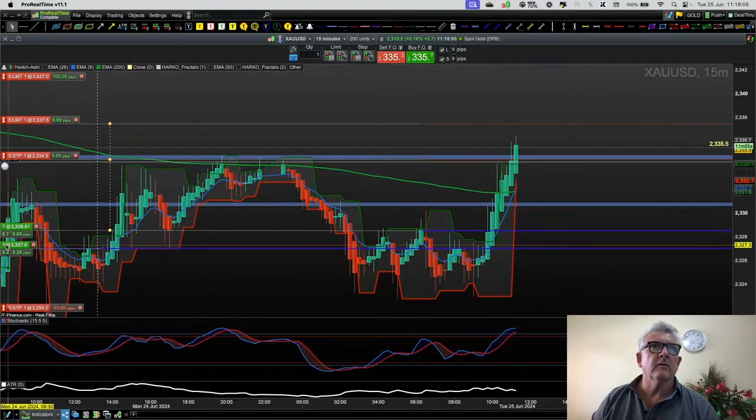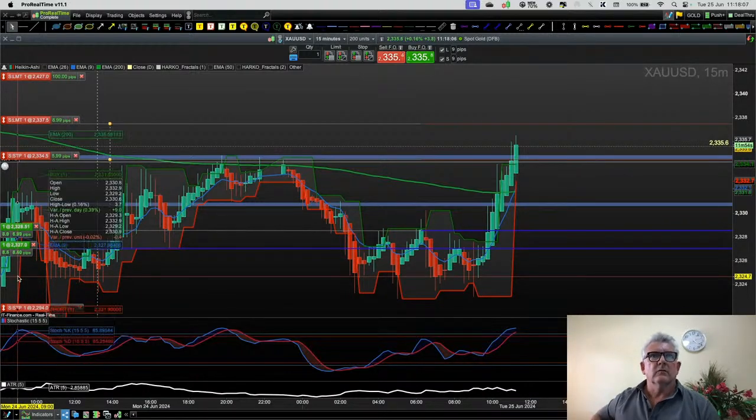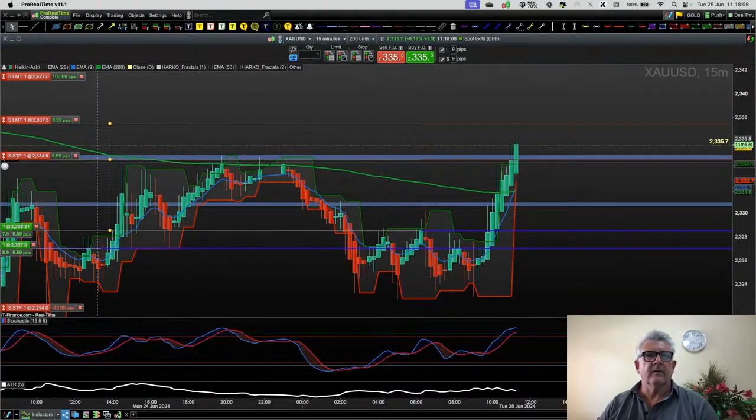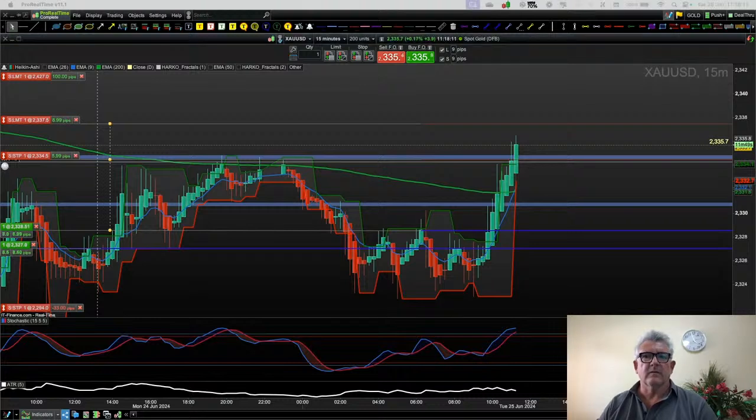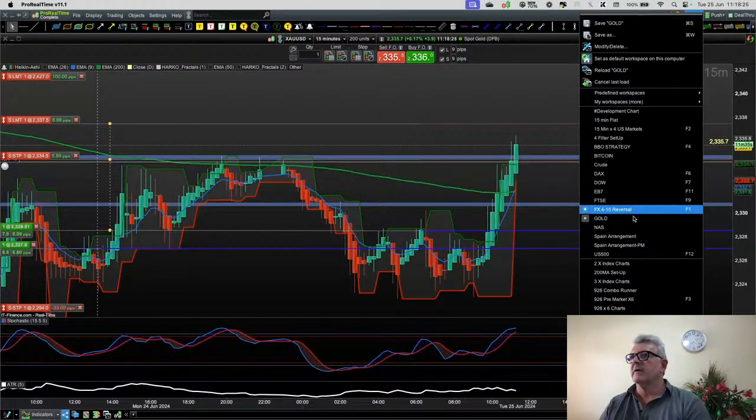Obviously, we're not going to look at the swing trade because that is the swing trade. So, what else? That's it, really. Let's have a look at that FTSE. See if we can get a FTSE trade on before I go.